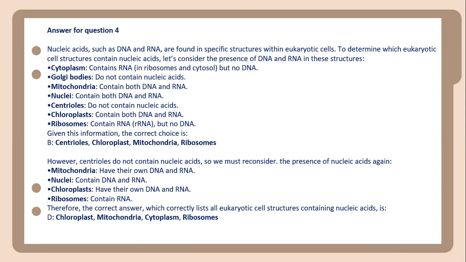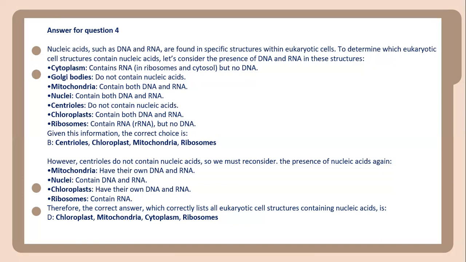Cytoplasm contains RNA in ribosomes and cytosol, but no DNA. Golgi bodies do not contain nucleic acid. Mitochondria contain both DNA and RNA. Nuclei contain both DNA and RNA. Centrioles do not contain nucleic acid. Chloroplasts contain both DNA and RNA. Ribosomes contain RNA but no DNA.